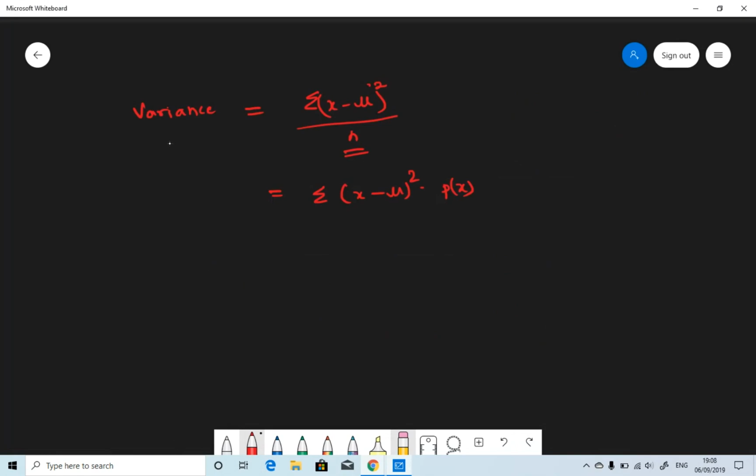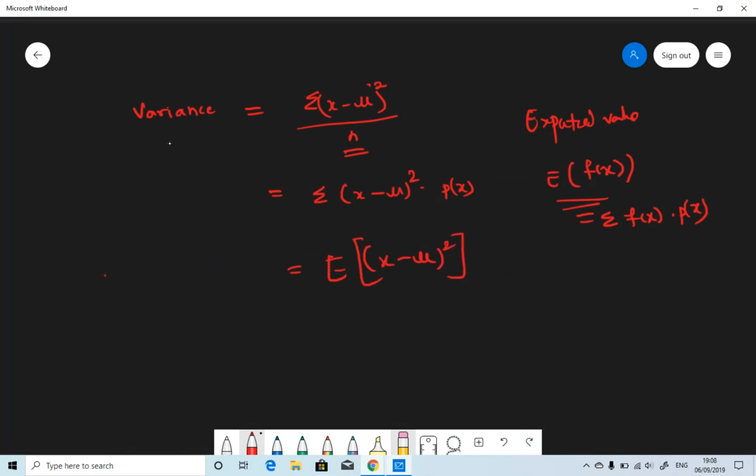Now we have seen what the expected value is. The expected value of f of x will be the summation of f of x into p of x. Clear? This formula, can we write it this way? Expected value of x minus mu whole square, the variance.